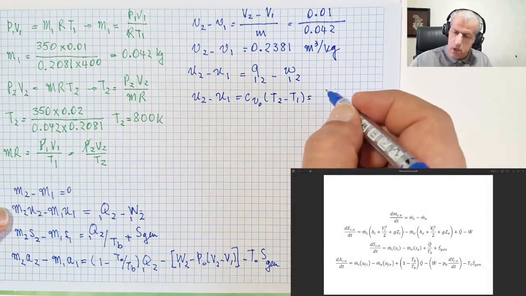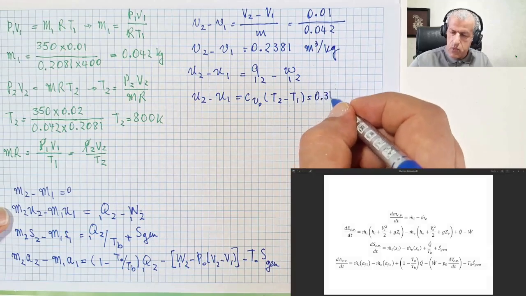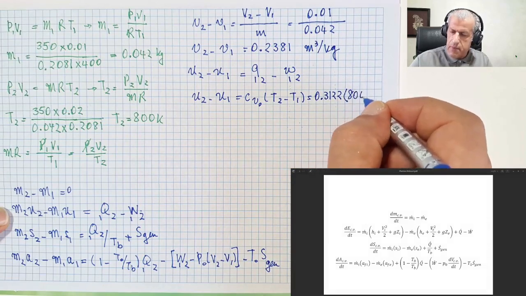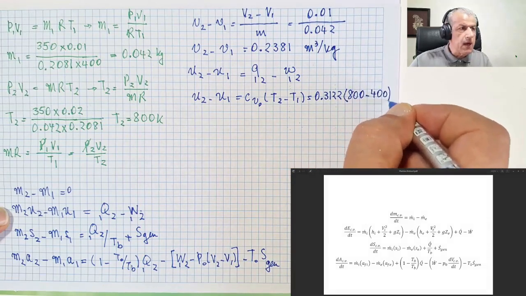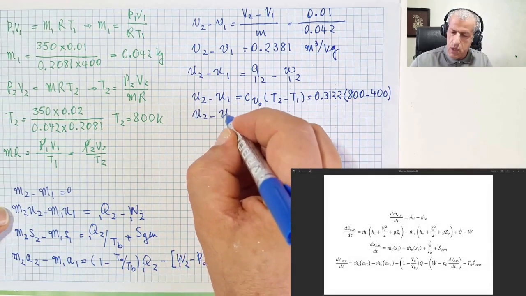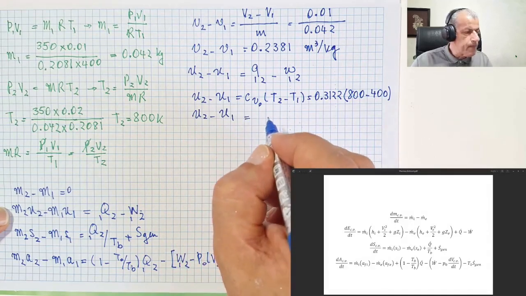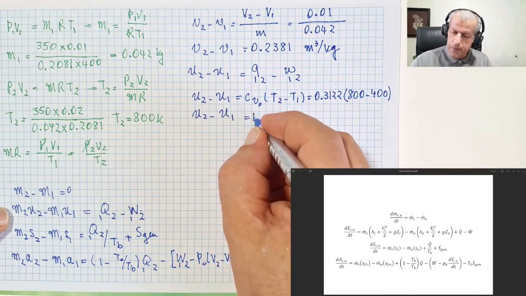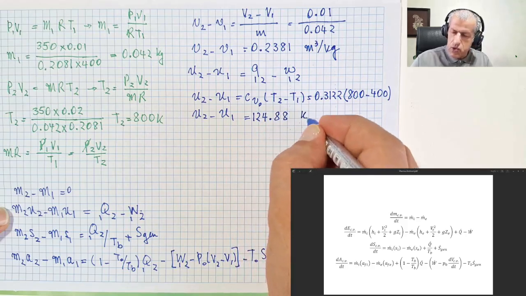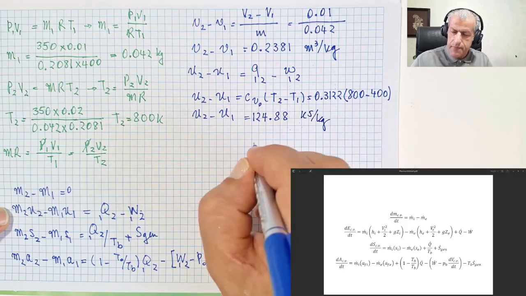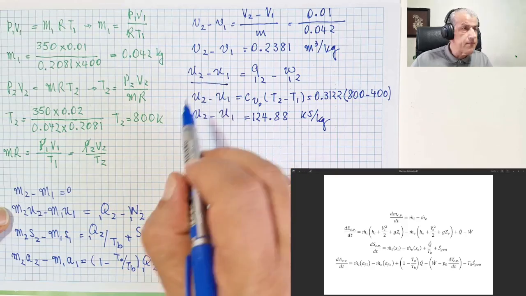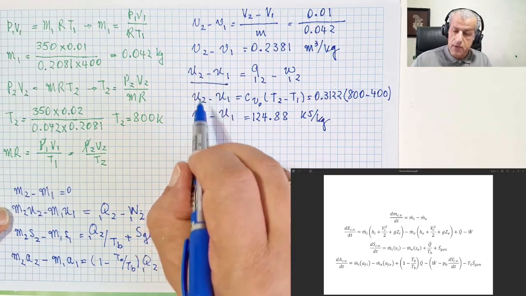It equals 0.3122 times 800 minus 400, and the outcome for U2 minus U1 would equal 124.88 kilojoule per kilogram. This is how we calculated this term.